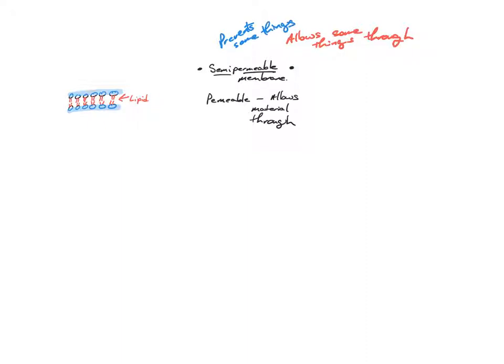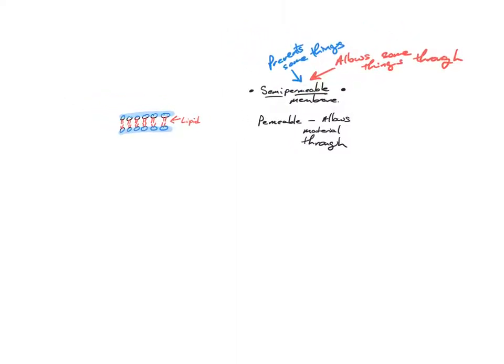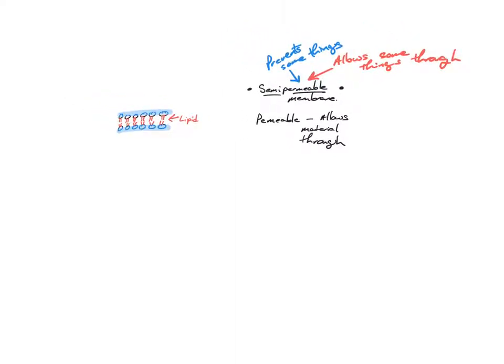And which one's true? Both are true. It allows some things through, but stops other things from getting through. So both of these, membranes do exactly this. They allow some things through, and other things they don't let through. Well, what is it that they let through, and what is it that they don't allow through?